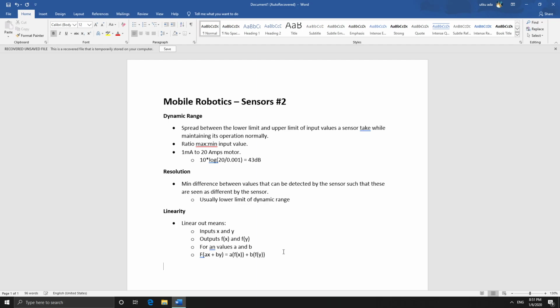And next we have frequency or bandwidth. So this is used to measure the speed at which information can be relayed, or the speed at which the sensor can output whatever it needs to output.